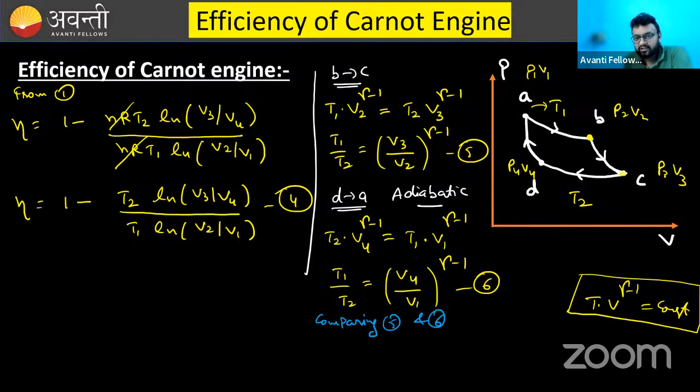If you compare 5 and 6, you can see that V3 over V2 is equal to V4 over V1. Is it clear? Or you can see that V3 over V4 is equal to V2 over V1.